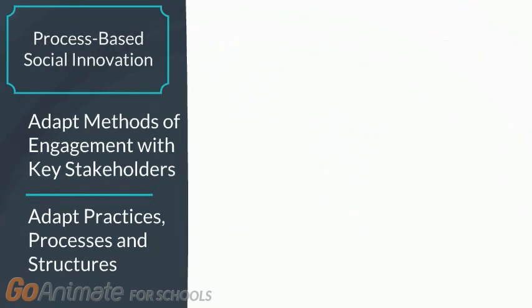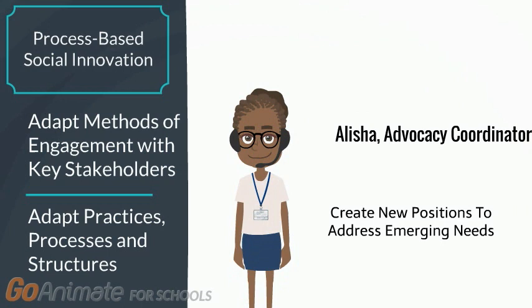For example, one organization developed the position of advocacy coordinator in response to a high number of service requests for advocacy-related issues. Creating a single position, rather than dividing the task among individual workers, enabled a streamlined approach to intervention and the identification of major trends requiring systemic advocacy efforts.